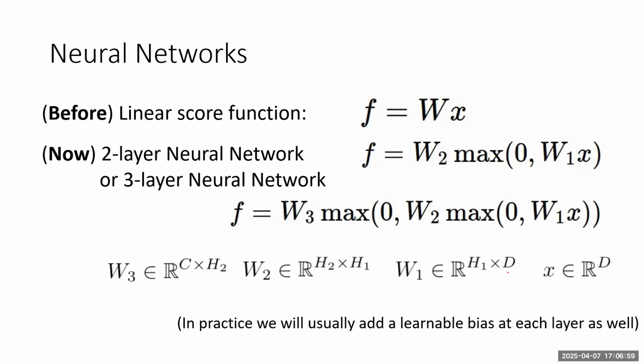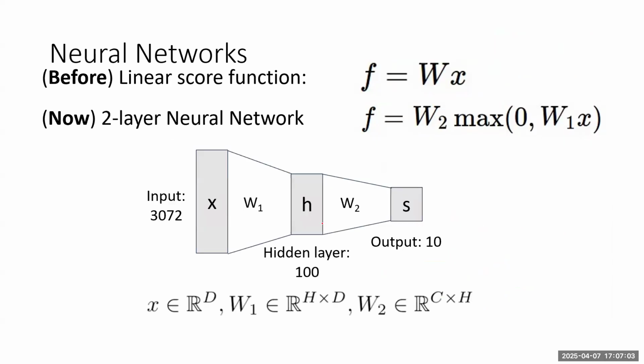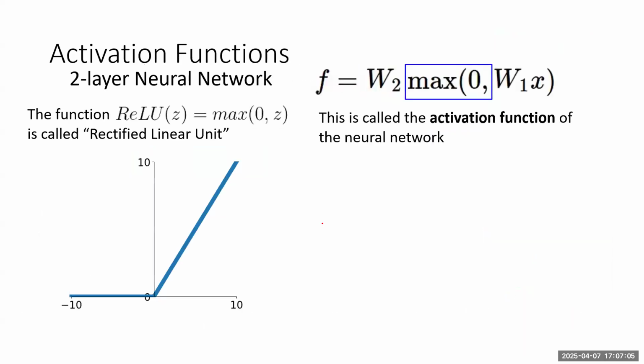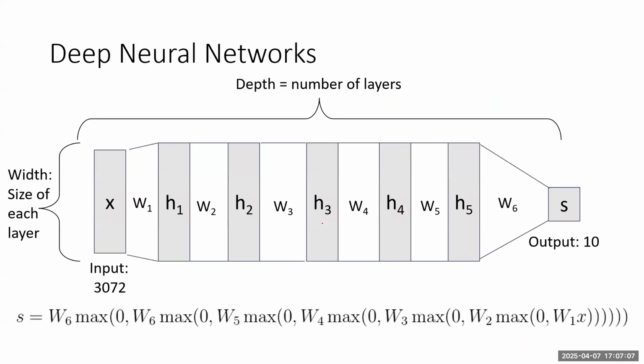In this case, I can keep adding even more layers. So I can have a network that looks like this. If you want to add layers, add. No worries. 1, 2, 3, 4, 5, any number of layers you would like.